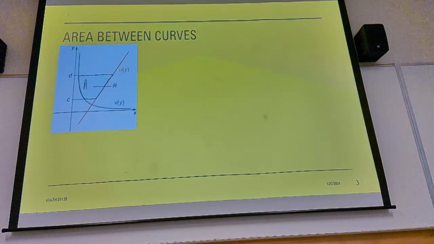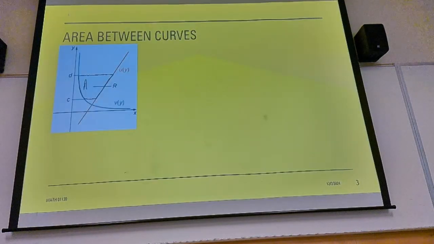Now I want that area. You had your hand up? Right minus left. What do you mean right minus left? There's a function that's to the right of that area minus the function that's to the left of that area.